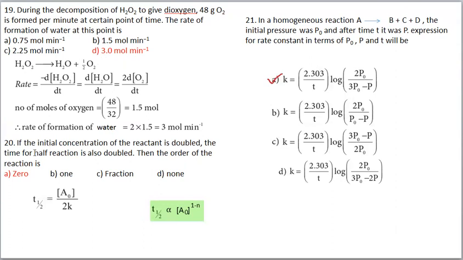Okay, then question number 20. If the initial concentration of reactant is doubled, the time for half reaction is also doubled. Then what is the order of the reaction?